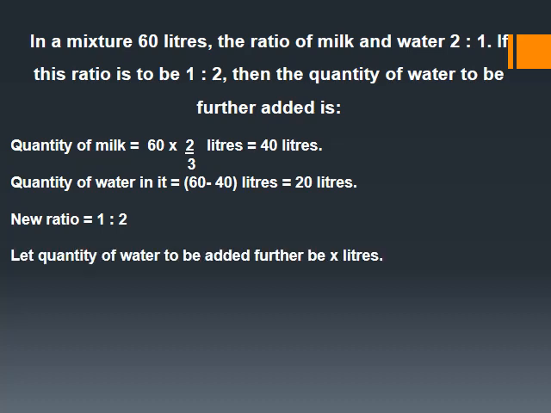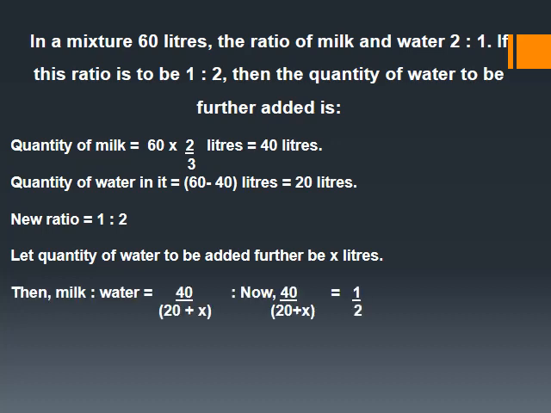So with the quantity of water to be added being x liters, we need to add x more liters. What will be that? We can see then the milk to water ratio will be 40 divided by 20 plus x. How do you get it? Milk to water ratio: right now milk is 40 liters, water is 20, but x is to be added.